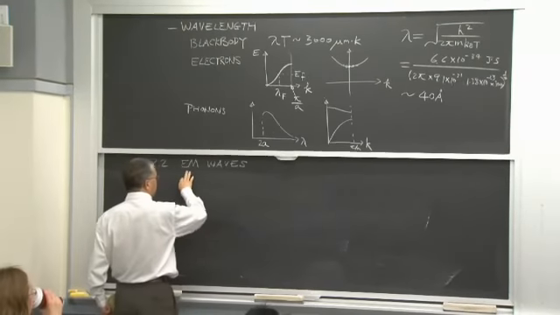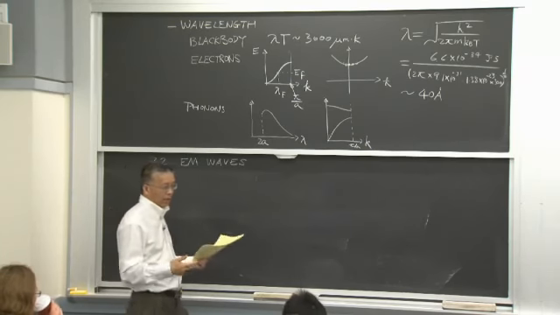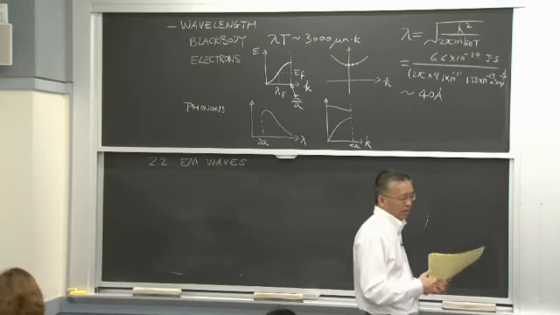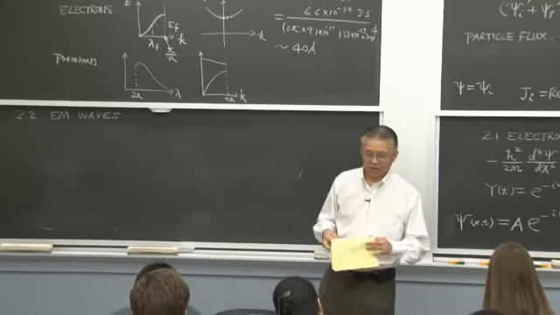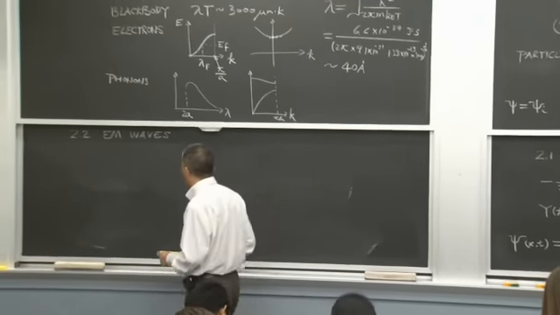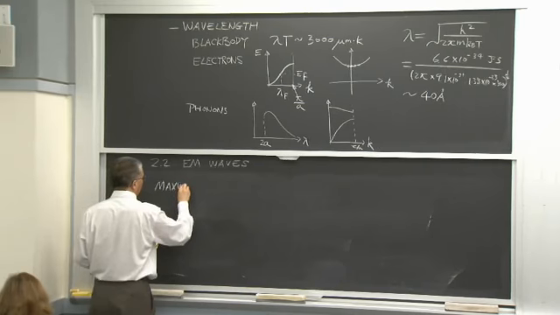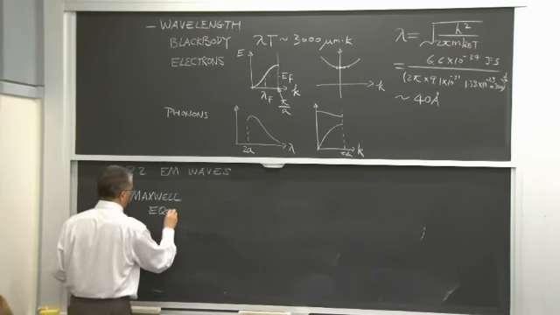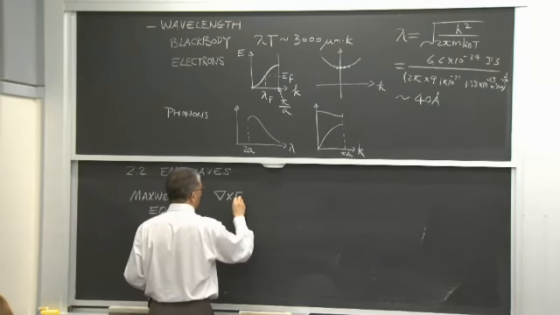But say, let's go to EM waves. And for that, you have to go to Maxwell equations, right? Even if you forgot it, you heard about it. So let's rewrite the Maxwell equations. We have 4 equations.